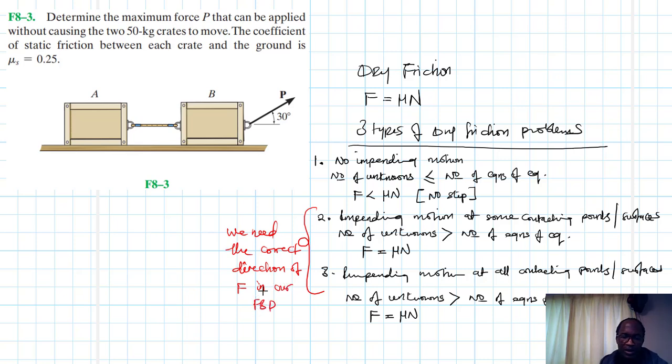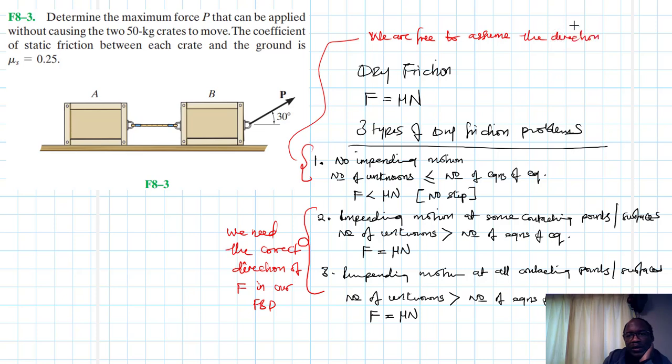In the first case, we are free to assume the direction of F. Even when you assume the wrong direction, you are going to get a negative, which simply means the direction that you had assumed was not the right one.